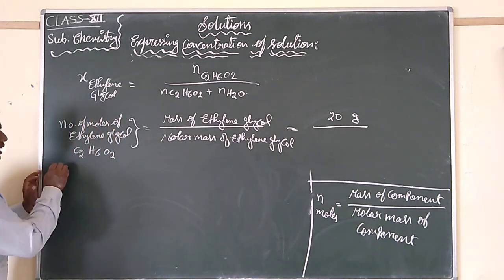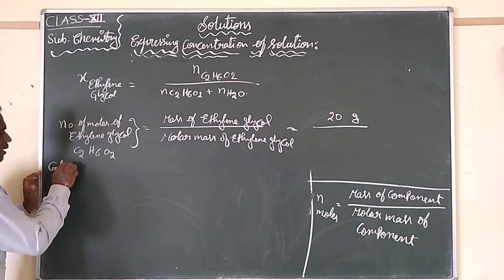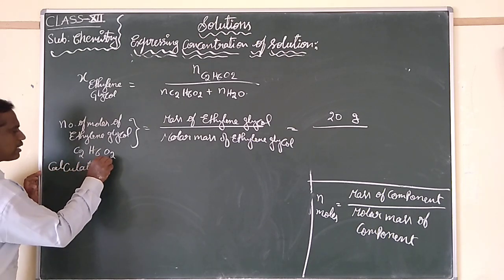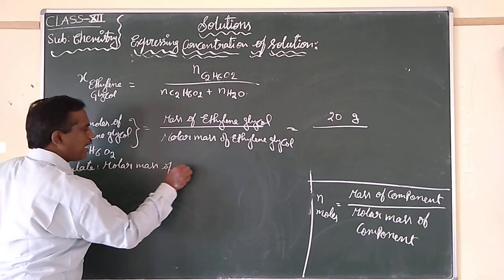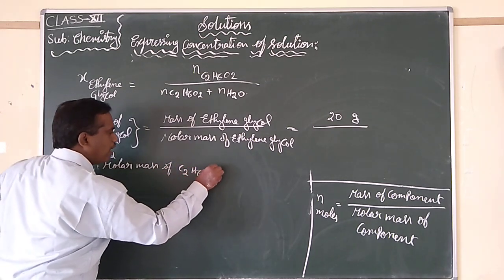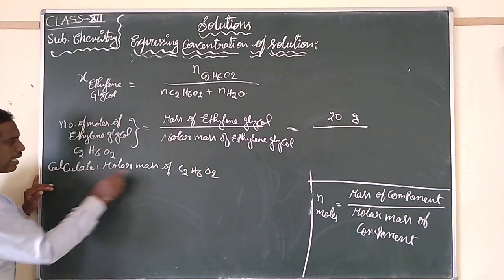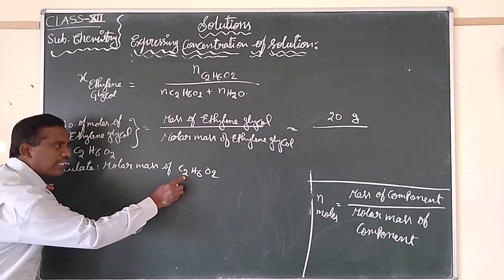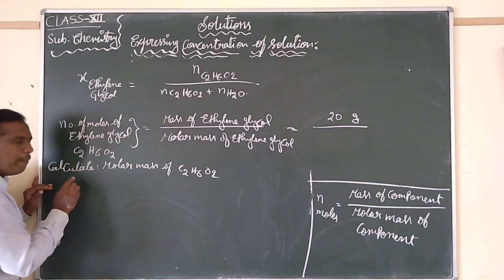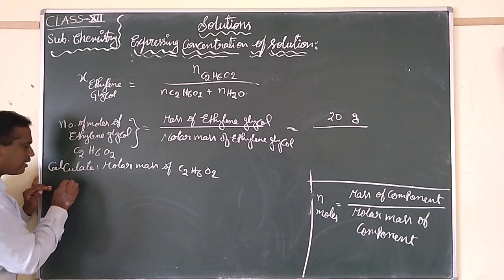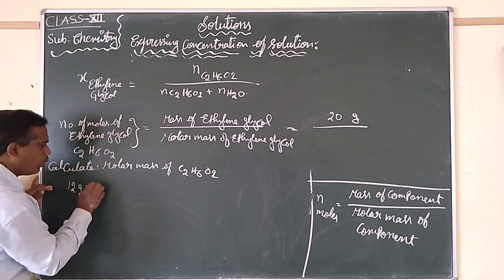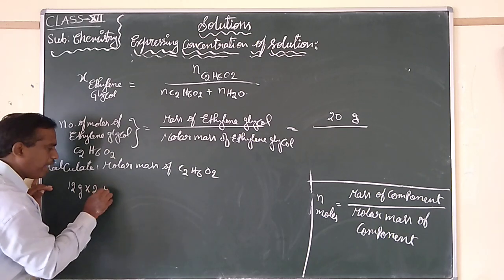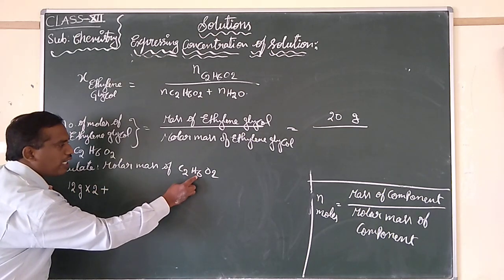So first of all, let us calculate the molecular mass, that is molar mass of ethylene glycol. What are the atoms here we have? Carbons. How many carbons are there? 2 carbons are there. Mass of one carbon is 12 grams into 2 atoms of carbon plus hydrogens are 6.